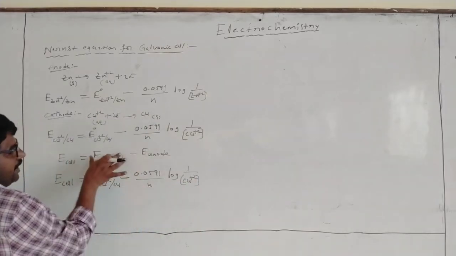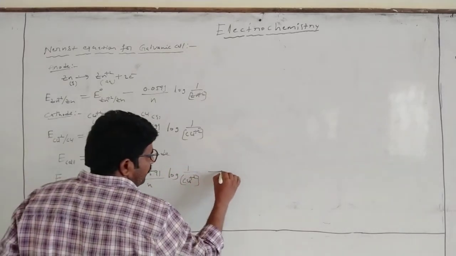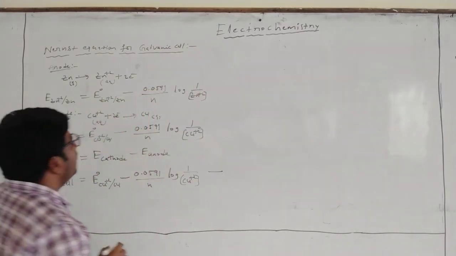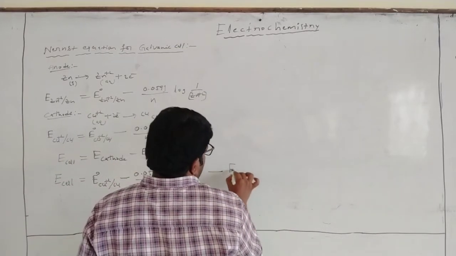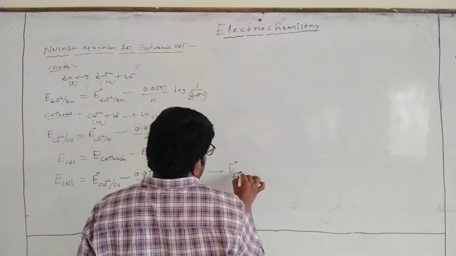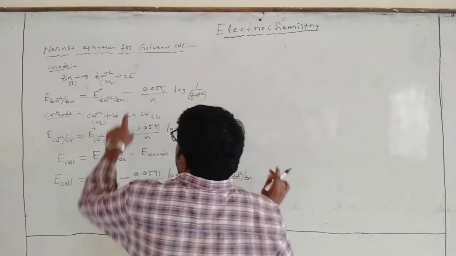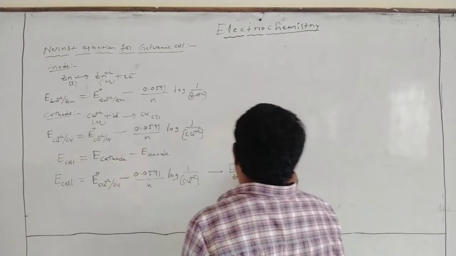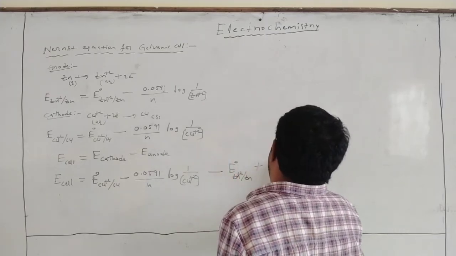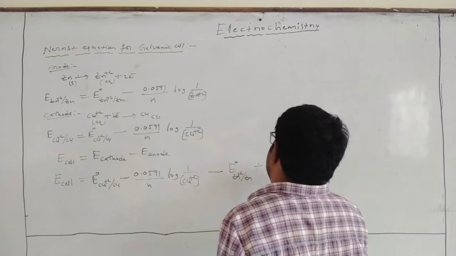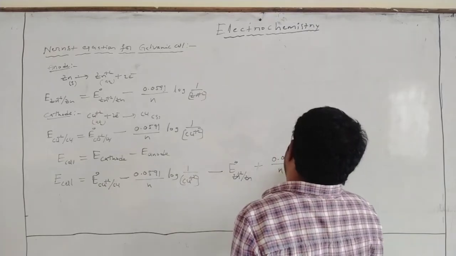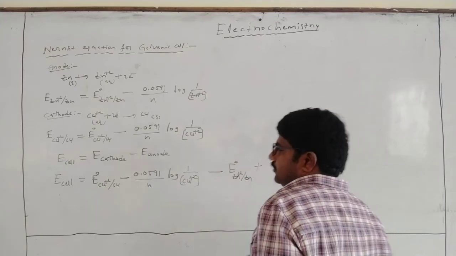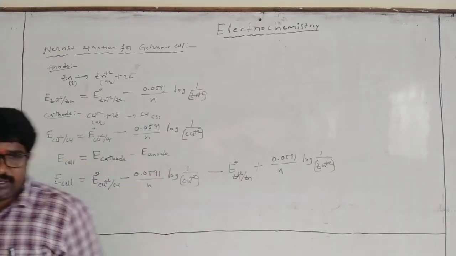This is the cathode. Now here minus is there, no? Minus. Now we have to write this anode part. The anode part is E naught zinc couple Zn plus 2 by zinc, with a minus sign, so minus becomes plus 0.0591 by n log 1 by Zn plus 2 ion concentration.